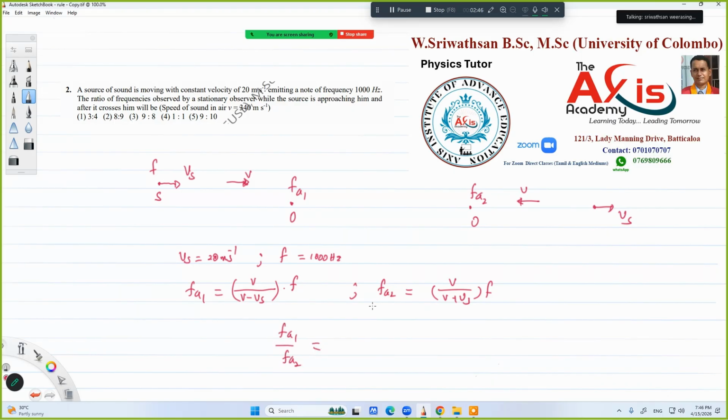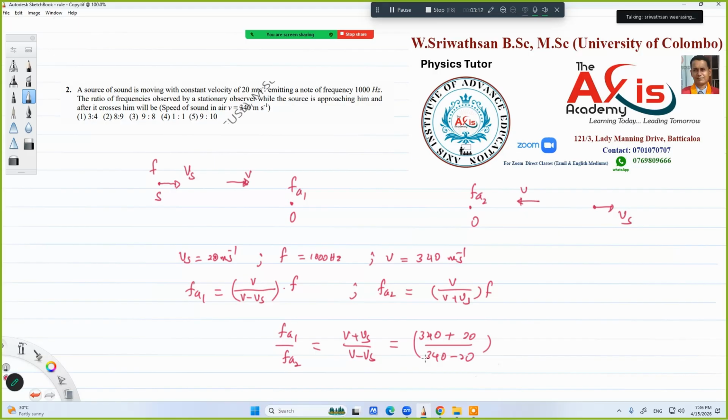If you divide these two, then F cancels out, V also cancels out, leaving V plus Vs over V minus Vs. Now you can put the values. Speed of sound in air is also given, V is 340 meters per second. Now this is 340 plus the velocity of the sound source, 20, over 340 minus 20.